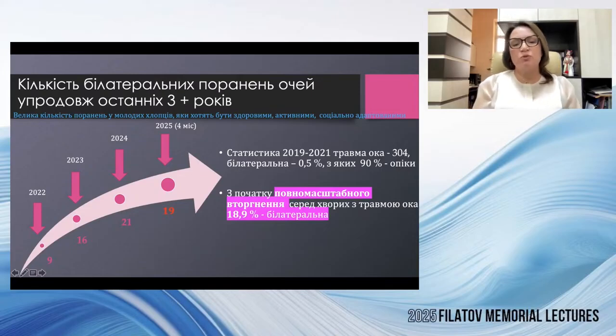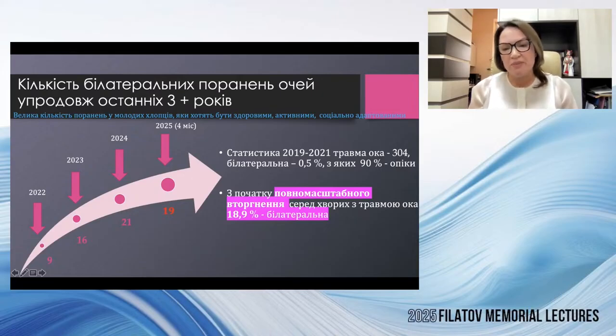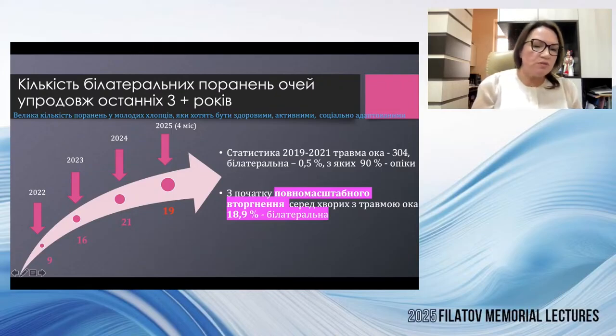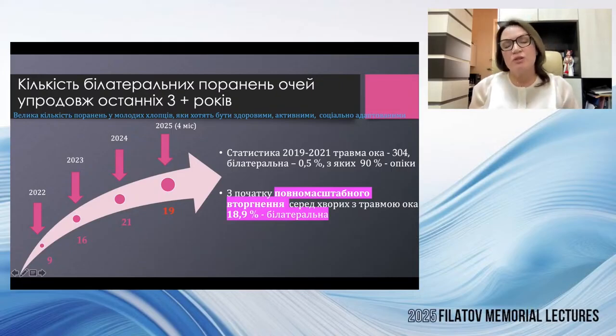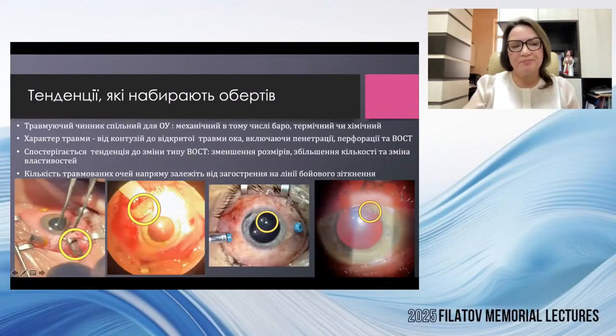As of now, during the 3 years of war, we have experienced over 20% of bilateral ocular trauma, and the percentage of patients with eye trauma has increased at least twofold, as you can see by the statistics since 2022, when initially we had only 9 patients with bilateral damage. Now we have 19 patients with such traumas.